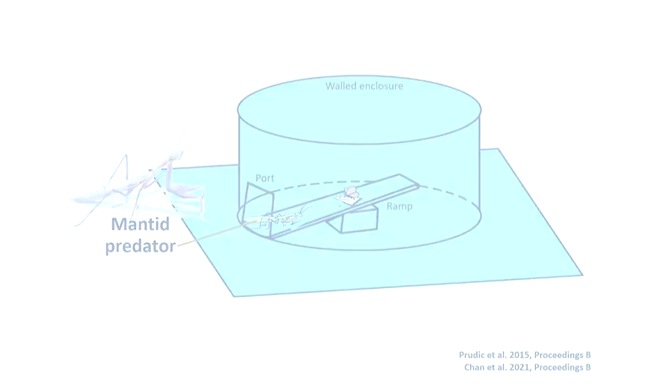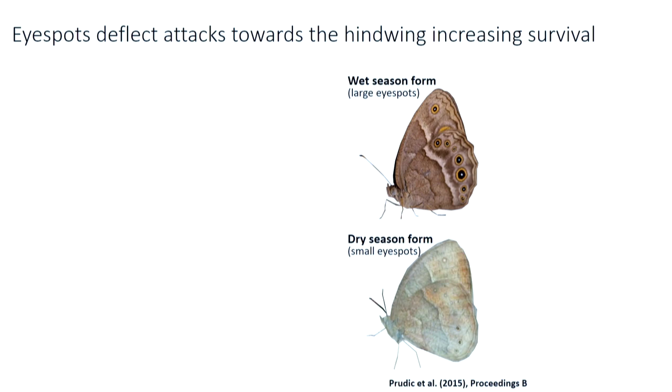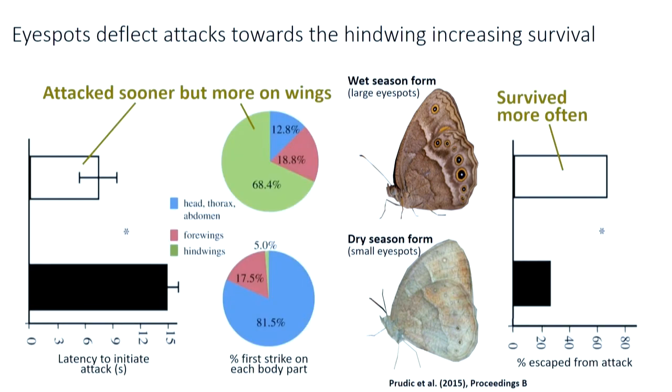And when we do this experiment with two different seasonal forms of this Bicyclus anynana butterfly, one that has prominent eye spots and one that has very reduced eye spots, we observe completely different locations of the attack of the mantid. The mantids primarily attack the hindwings in the form that has the prominent eye spots, but they primarily attack the head and the thorax of the form that has very reduced eye spots.